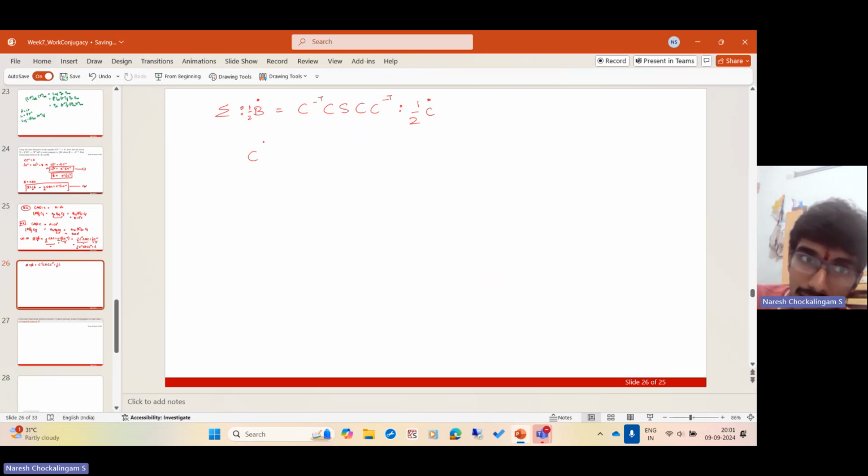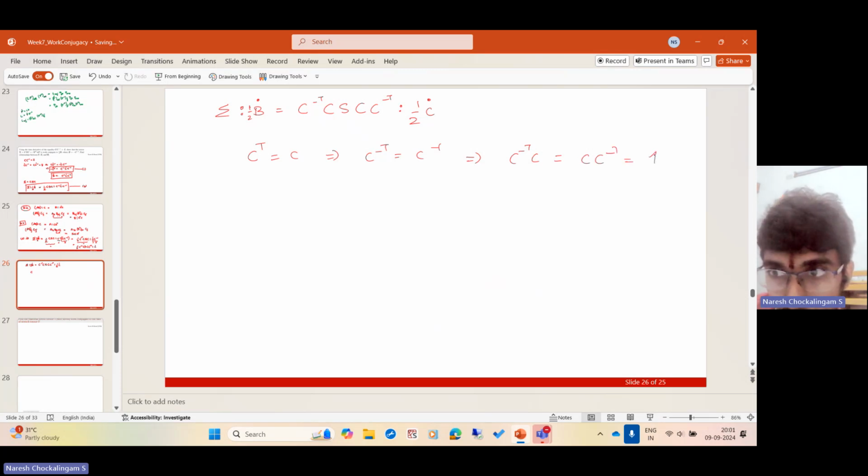But note that C transpose is equal to C, which means C inverse transpose is equal to C inverse, which means C inverse transpose C is equal to identity. Therefore, we get sigma contracted with half B dot is equal to identity S identity contracted with half C dot, which is E dot. So this is nothing but S E dot.